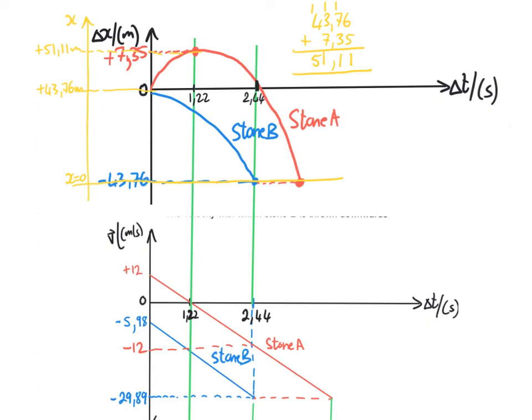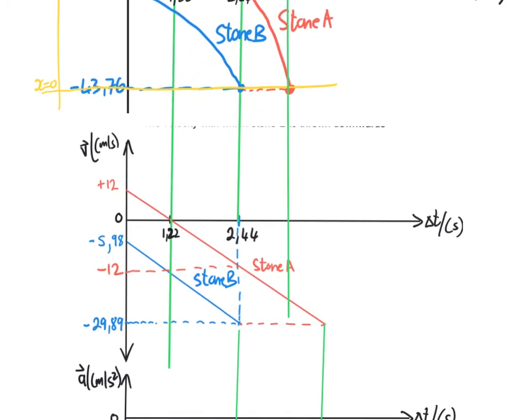So that's stone A. Once stone A reaches x equals 0, now if you look here, and we learn by making mistakes, if I go now and draw a line down like this, which is what I should have done, then you'll see that in actual fact I should have stopped my graph here, because at this point A hits the ground, as opposed to here where B hits the ground.